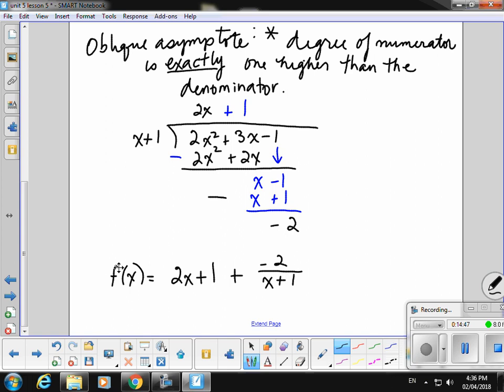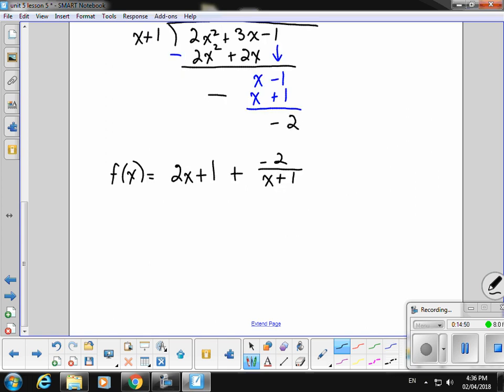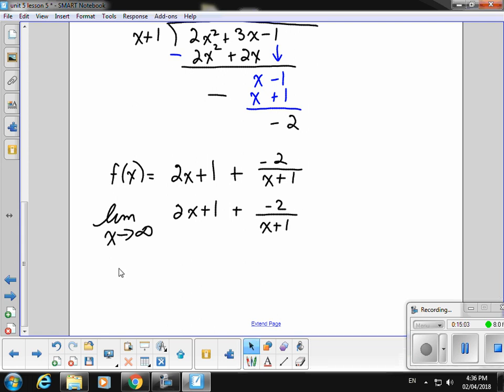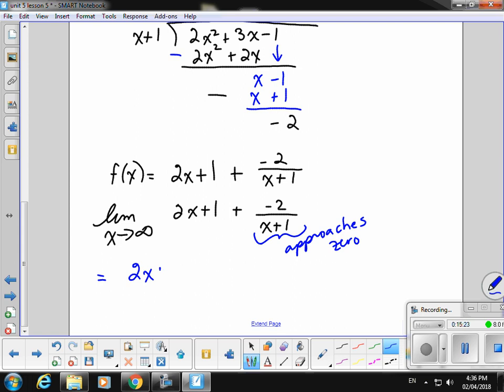So if I am looking for an asymptote, good form would be the limit as x approaches infinity for 2x plus 1 plus this. This, just like we looked at before for horizontal asymptotes, gets closer and closer to 0. So same idea, as we get closer and closer to infinity, we will approach 2x plus 1.